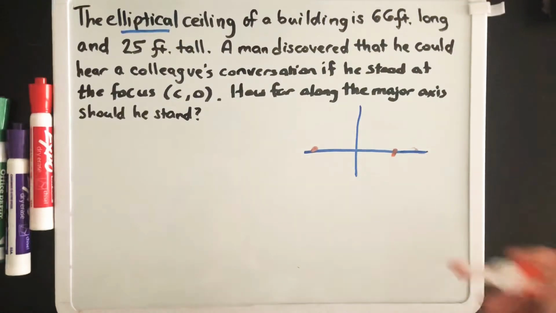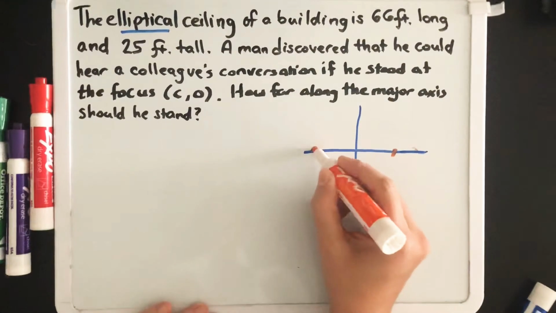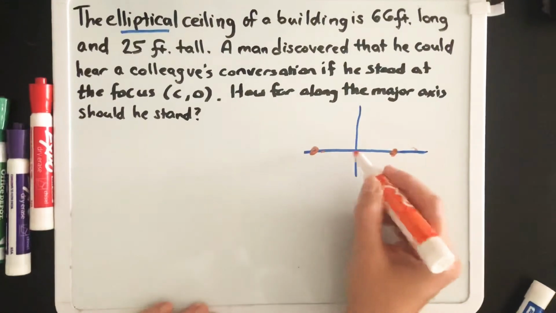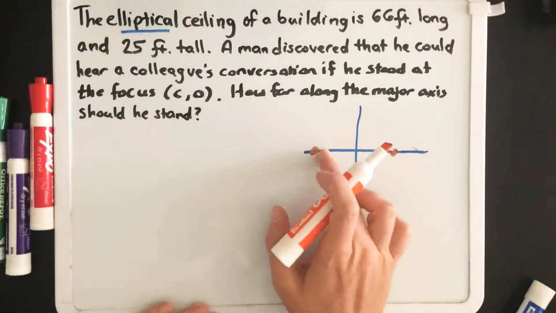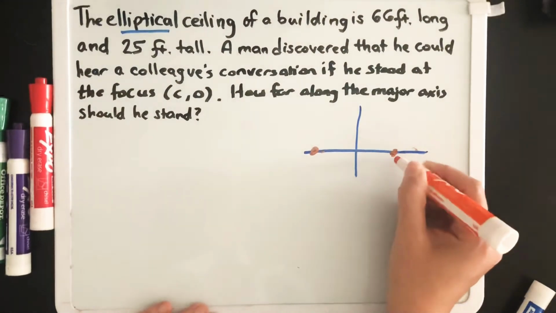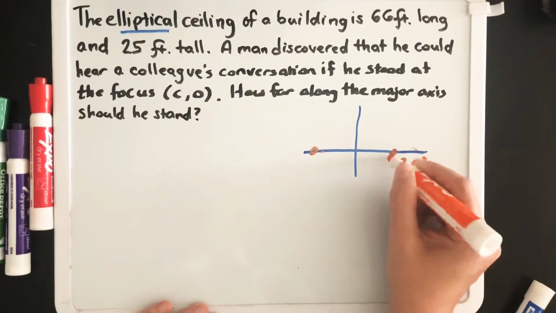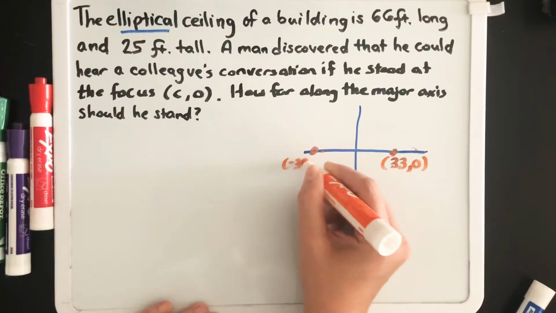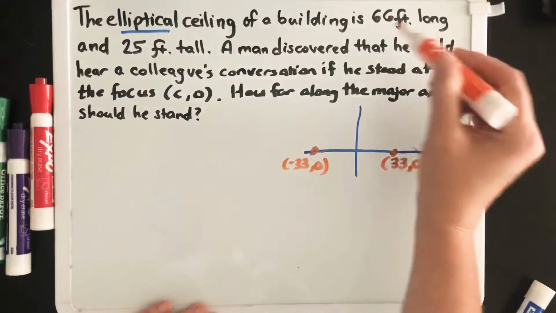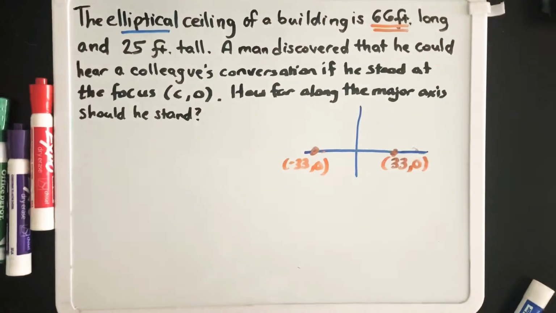So if I go a total of 66 feet, how many would that be on each side if I make 0, 0 the middle? That would be 33, correct? So this would be the point 33, comma 0, and this would be the point negative 33, comma 0. That's from the idea that it's 66 feet long.